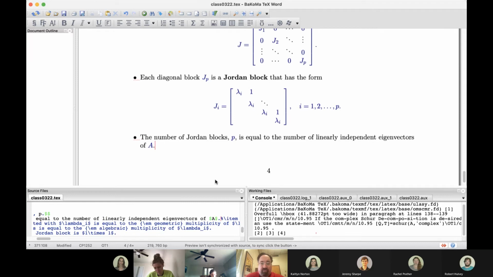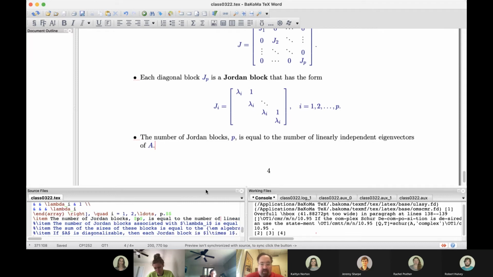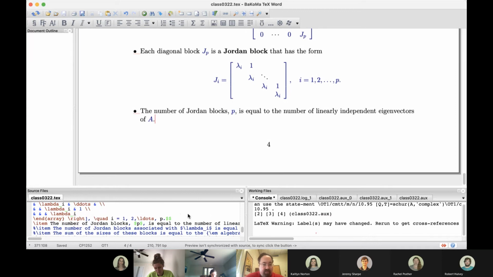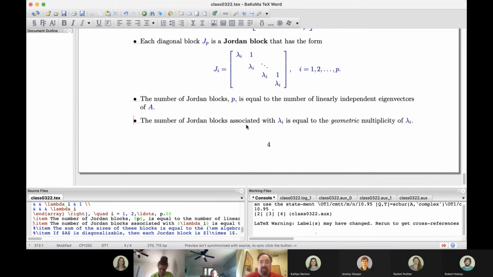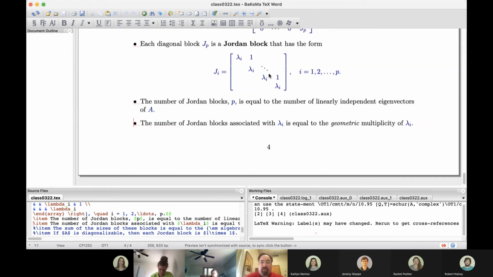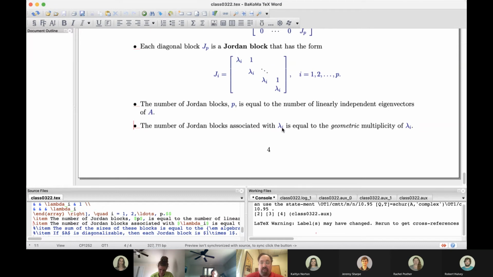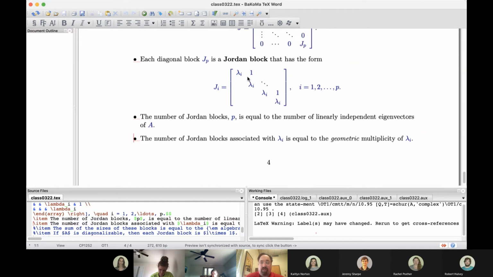Okay, so what else does the Jordan form tell us? It's possible for one eigenvalue to have multiple Jordan blocks that go with it.